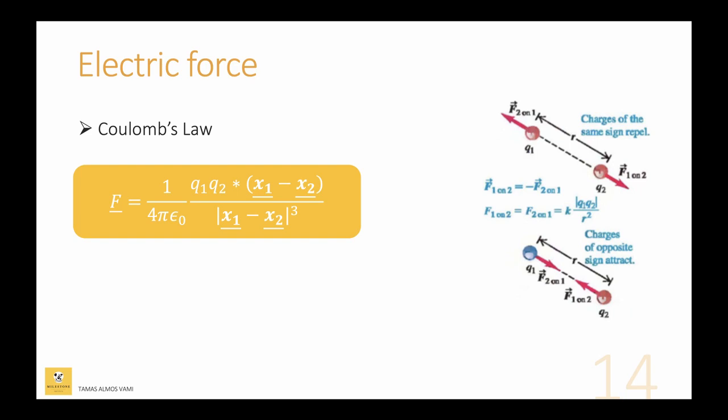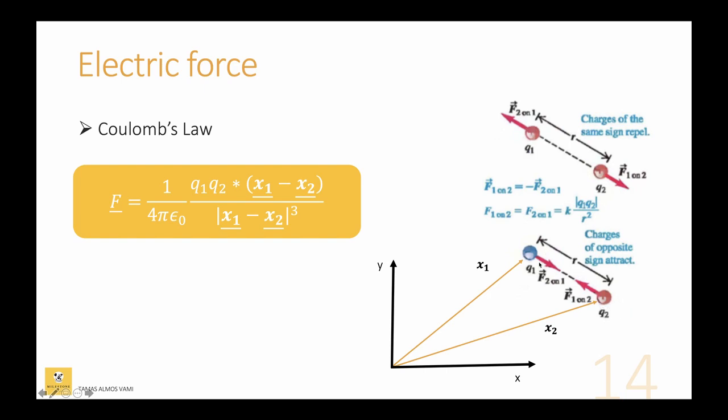Let's say that we introduce vectors here. So let's set up a coordinate system and have a vector showing to one of the charges. So x1 is the vector which is showing from the origin to the q1 charge, and then x2 is the vector that points to the q2 charge.